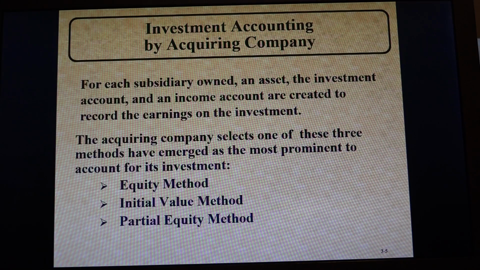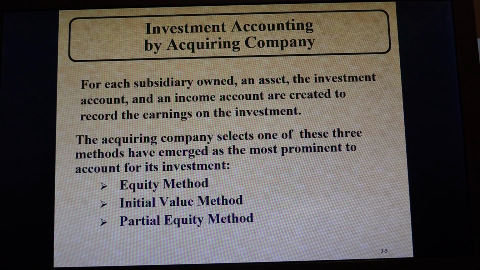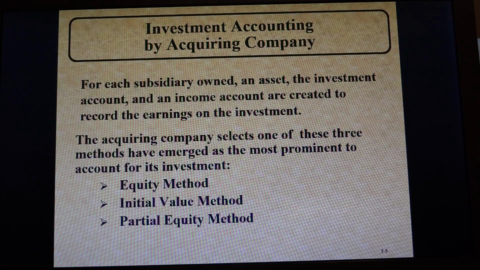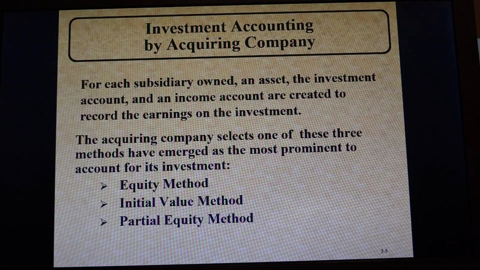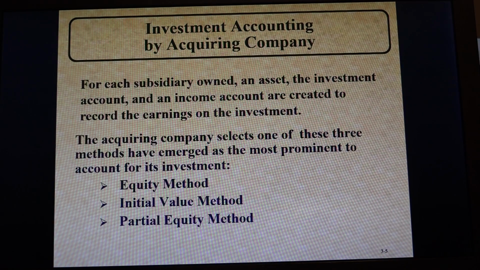You report income and any dividends that are declared. And of course, the income increases the value and the dividends decrease the value of your investment. I take that back.